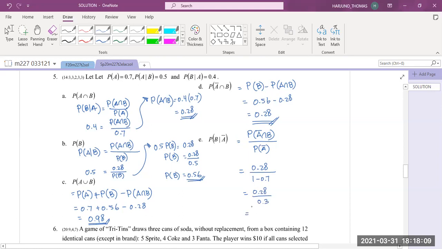So 28 over 30 is 0.93333. Okay, number 6.